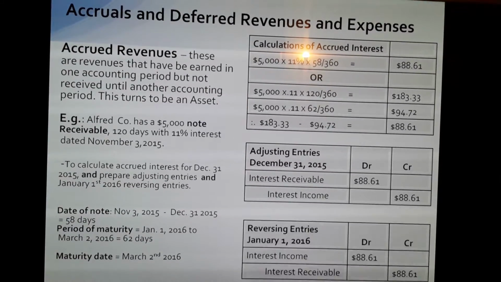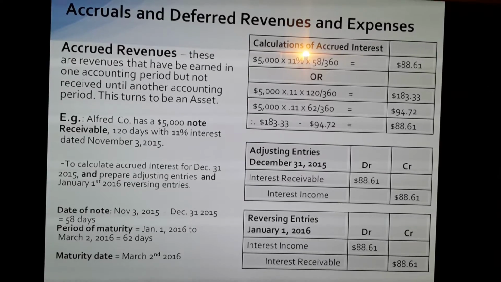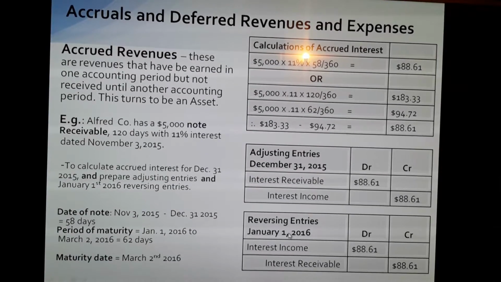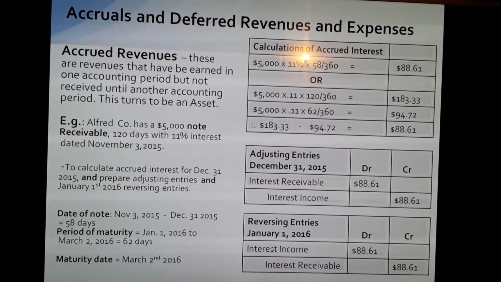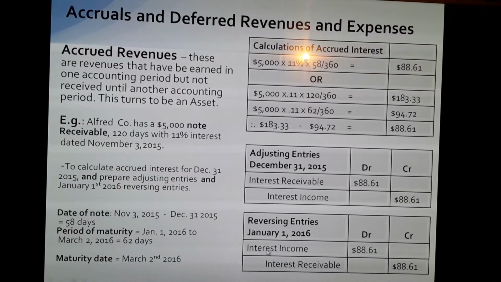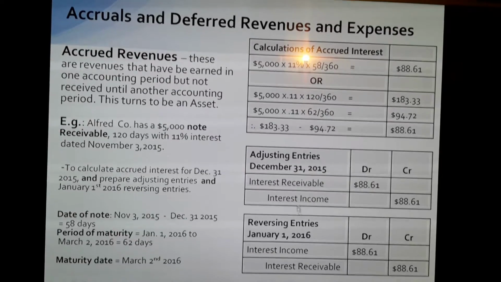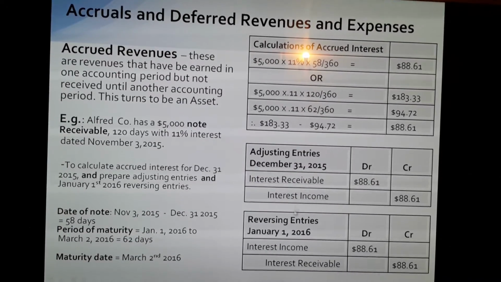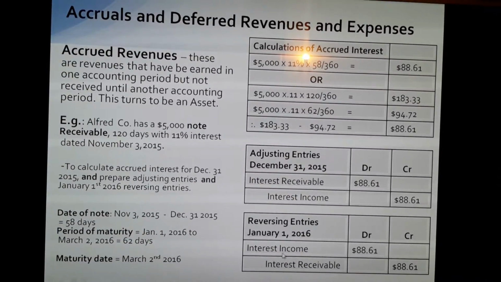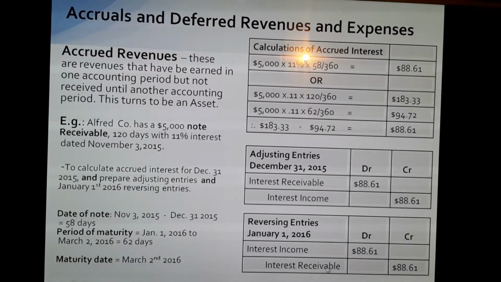Okay, so these are our reversing entries on January 1st. If we reverse the entries, this is how your entry is going to look. To reverse this, you just have to flip it. Now you say interest income $88.61 debit and interest receivable credit.